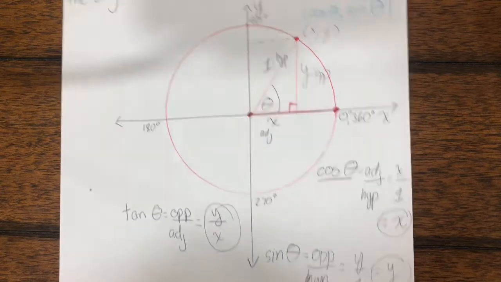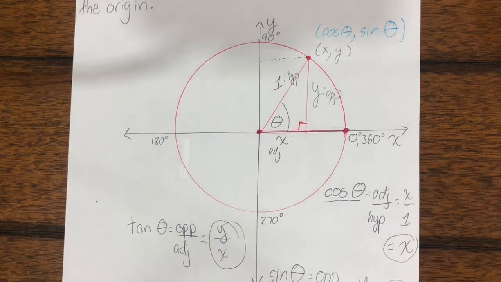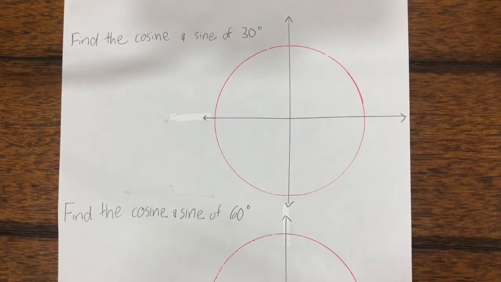So what we're going to do is take this concept and figure out x and y coordinates for certain degrees, starting with 30 degrees. So for the first one, we're going to find cosine and sine of 30 degrees.